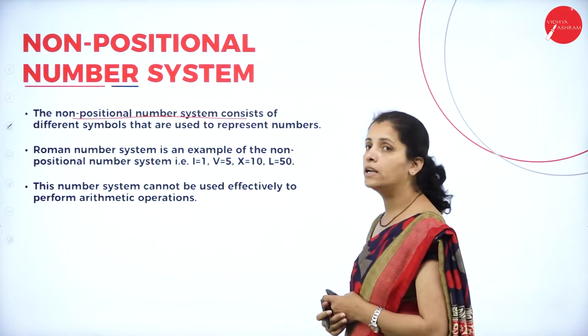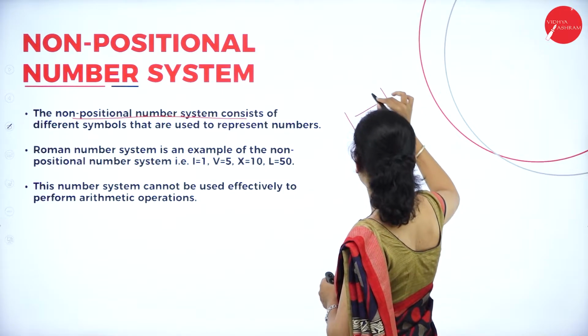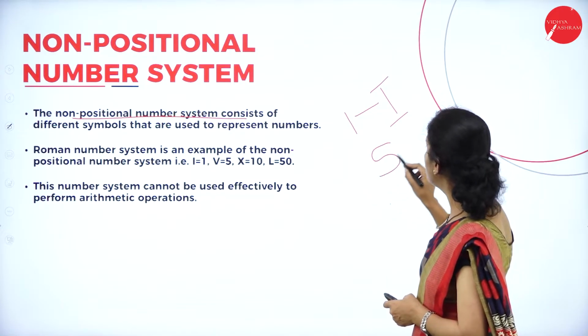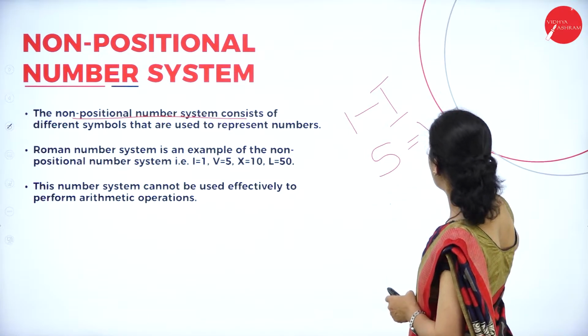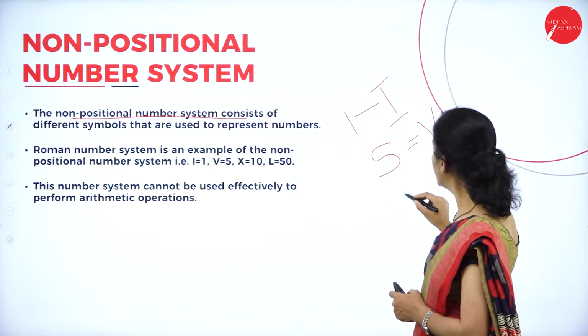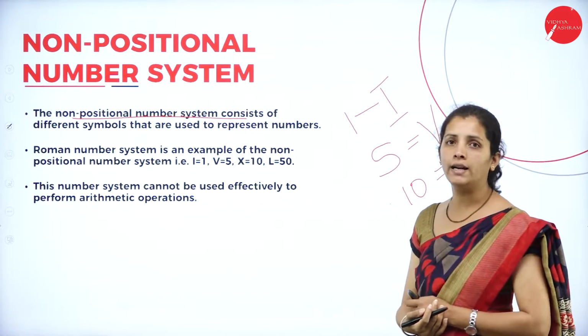Now think that if I want to represent 1, then I'm going to use capital letter I. Suppose if I want to represent 5, then I'm going to use capital letter V. And if I want to represent 10, I'm going to use capital letter X, and it's going to continue.